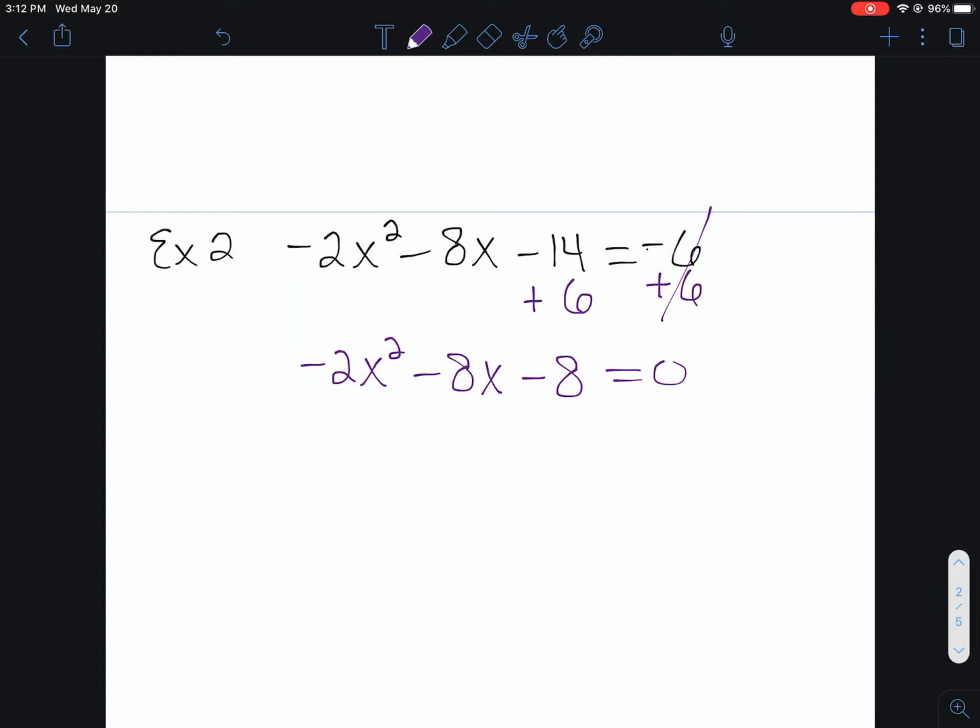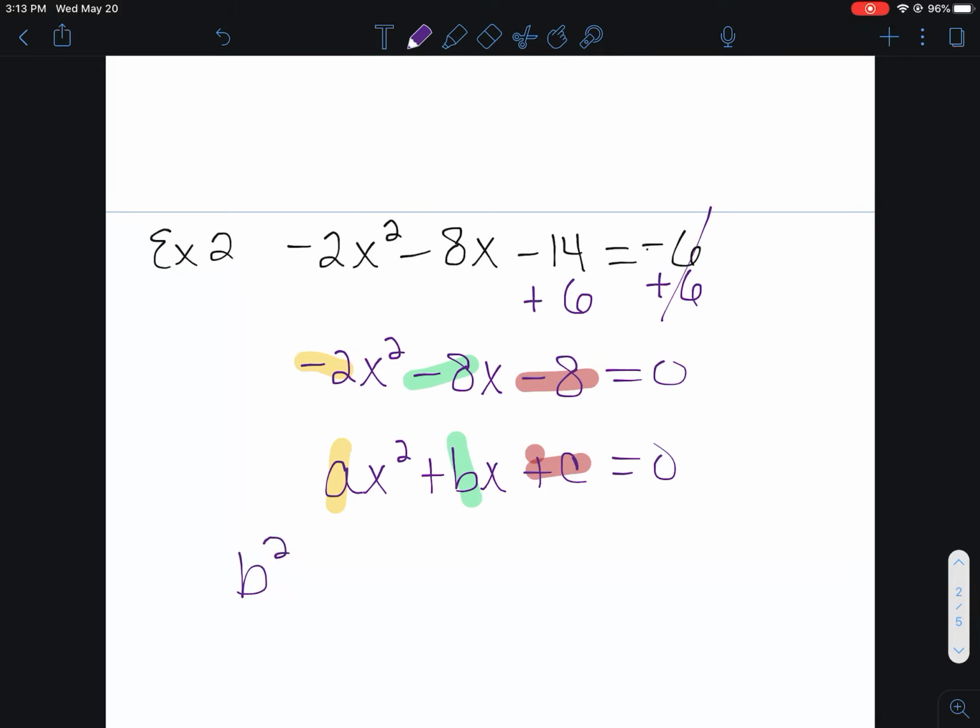So now I need to identify a, b, and c. Well, remember we're pulling from ax squared plus bx plus c. So I think a is going to be negative 2. B is going to be negative 8. And C is going to be negative 8 also.